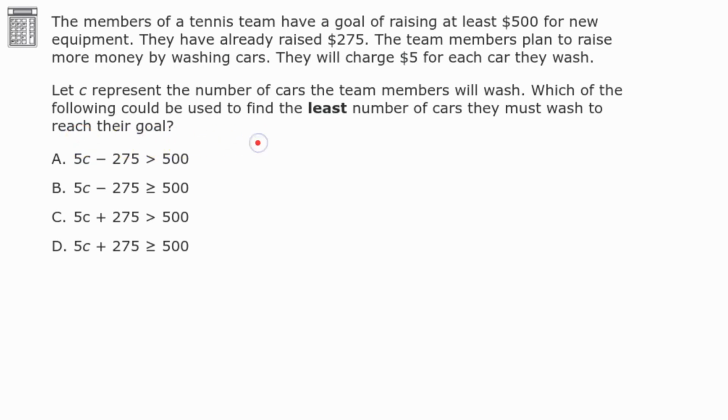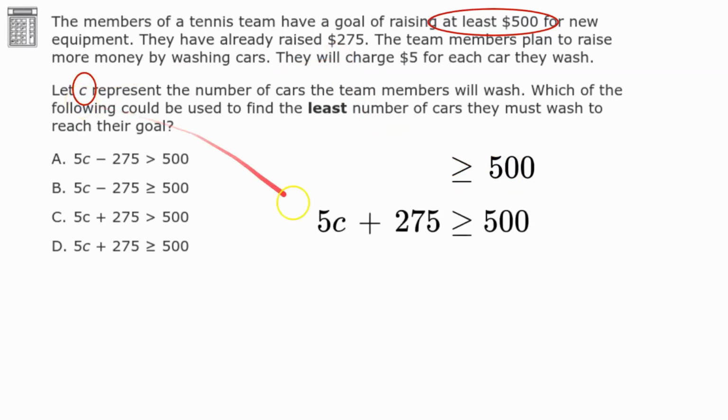Welcome back. So when I look through, I know that I have to raise at least $500, which means I need greater than or equal to 500. I can't have less. I need to have at least. So I have to have more or equal to 500. I'm going to let the number of cars that I wash be C, and I get $5 per car.